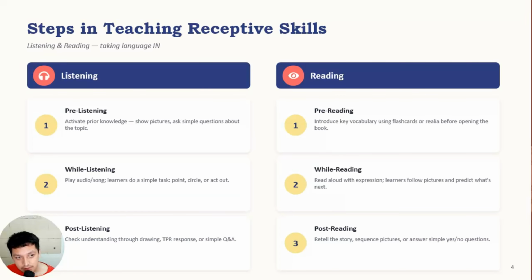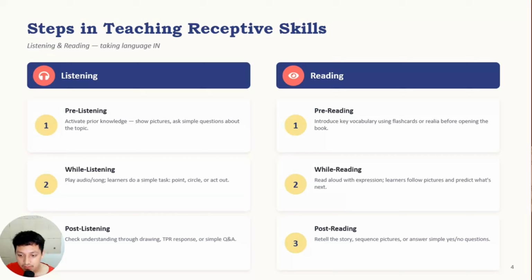In pre-listening, we activate their prior knowledge first. Maybe show picture or ask simple questions. While listening, we play the audio or song and learners do a simple task like pointing or acting out. And the last is post-listening. We check their understanding, maybe through drawing or simple question and answer.